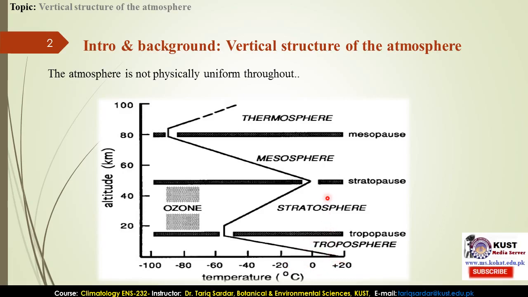If we go upward in the vertical form towards the sky, we will not experience uniformity. Obviously there will be a difference in temperature as we go towards higher altitude.